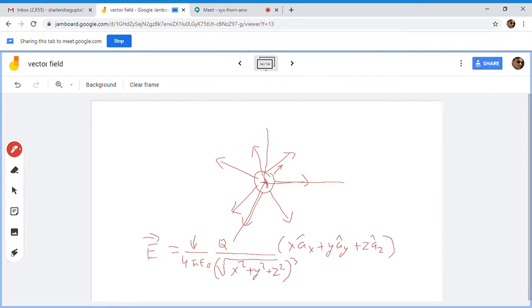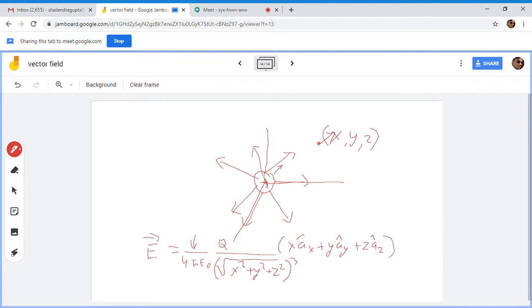If you write the electric field equation for a given charge Q and try to find the field at some point x, y, z, this is what it looks like. The magnitude you can find from this equation.